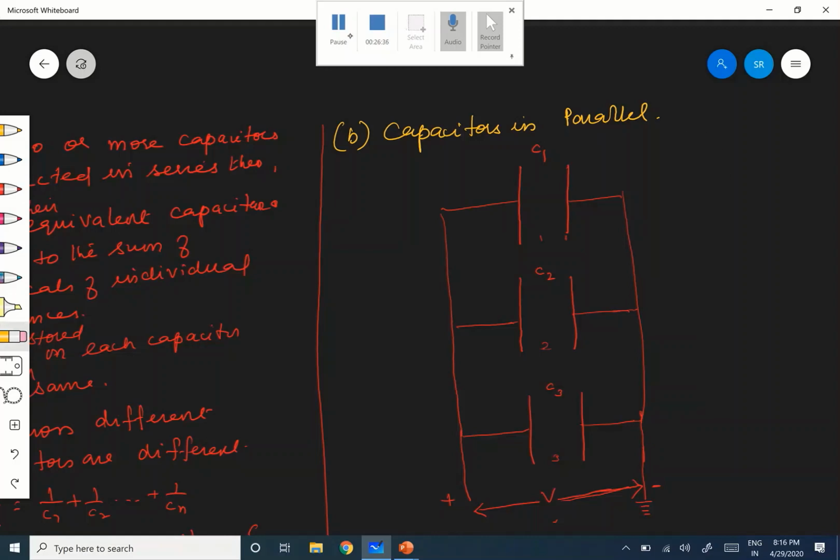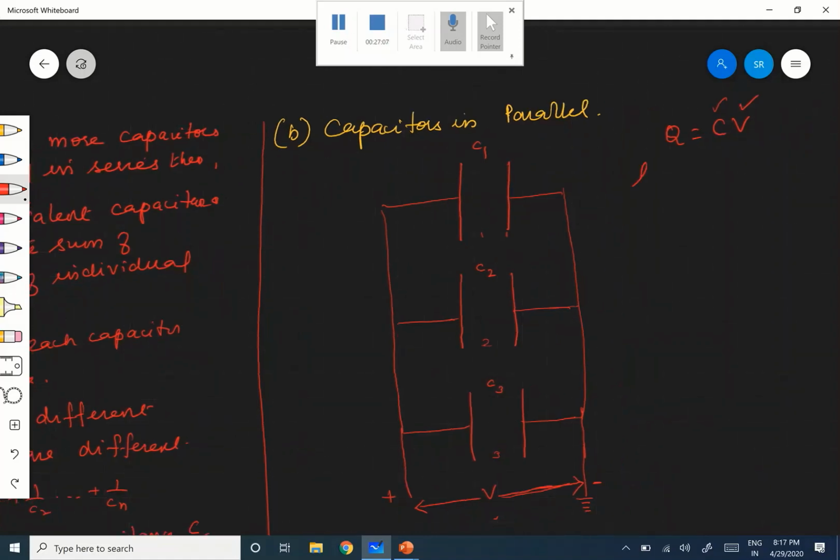You know that Q is equal to CV. Here V is the same for all the capacitors, but the capacitance is different. Therefore each capacitor will store a different amount of charge.